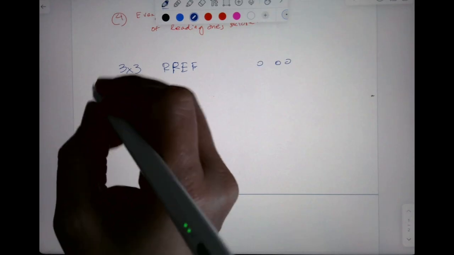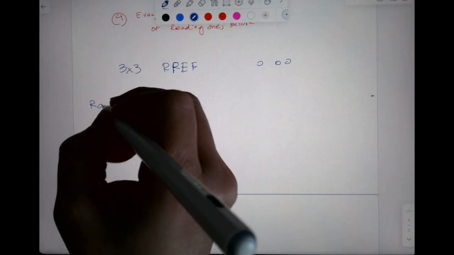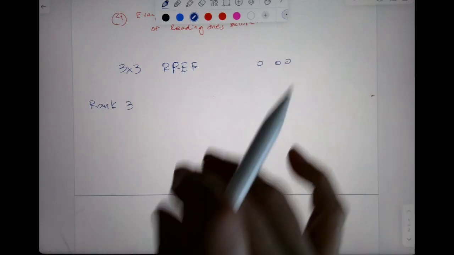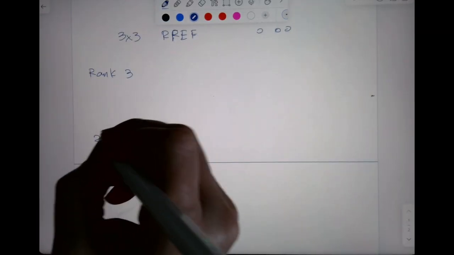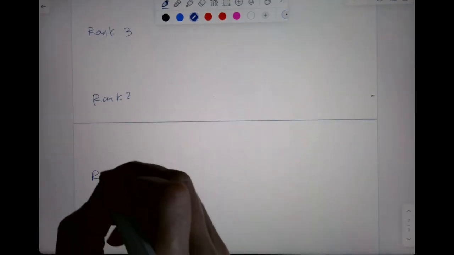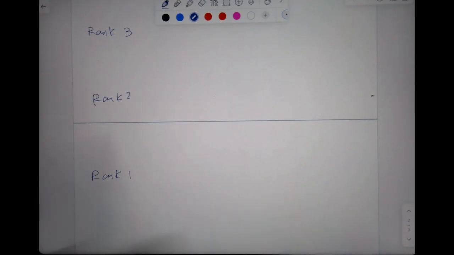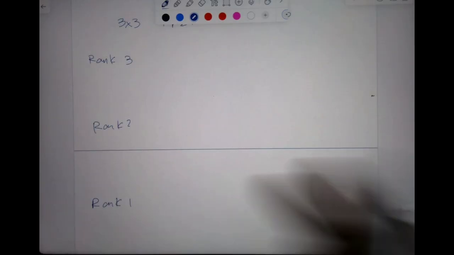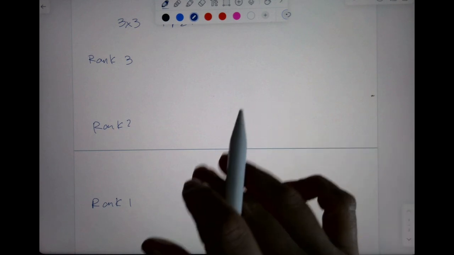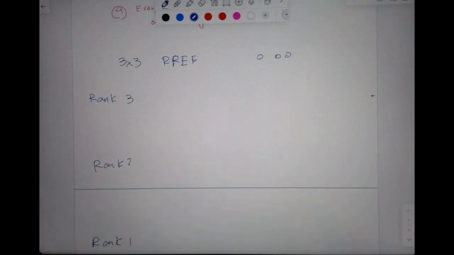They say, hey, I'm going to find all the ones in rank 3, which has no rows of all zeros. Then I'll find all the ones in rank 2, and then I find all the ones in rank 1. And then it becomes uninteresting because if it's all zeros, which is rank 0, we don't care at that point.